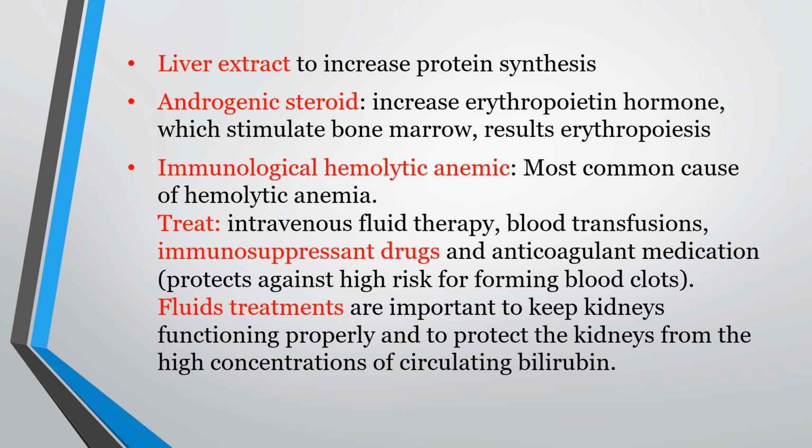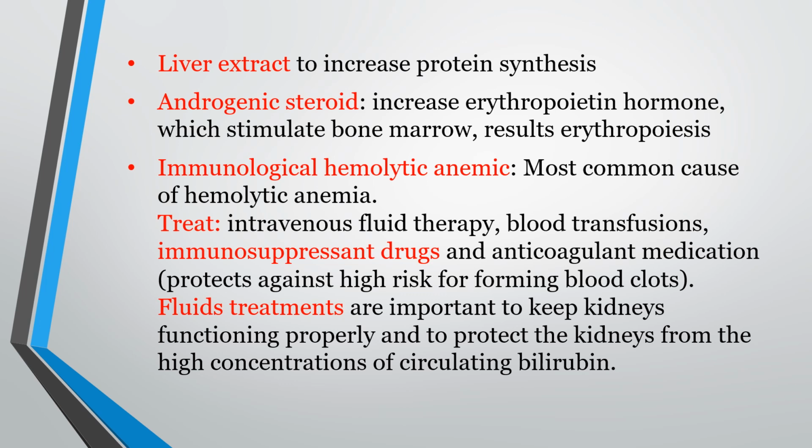So this synthesis in hemopoiesis requires liver extract. Androgenic steroids also increase the hormone erythropoietin, which is useful to stimulate the bone marrow, and we can enhance or speed up the erythropoiesis.